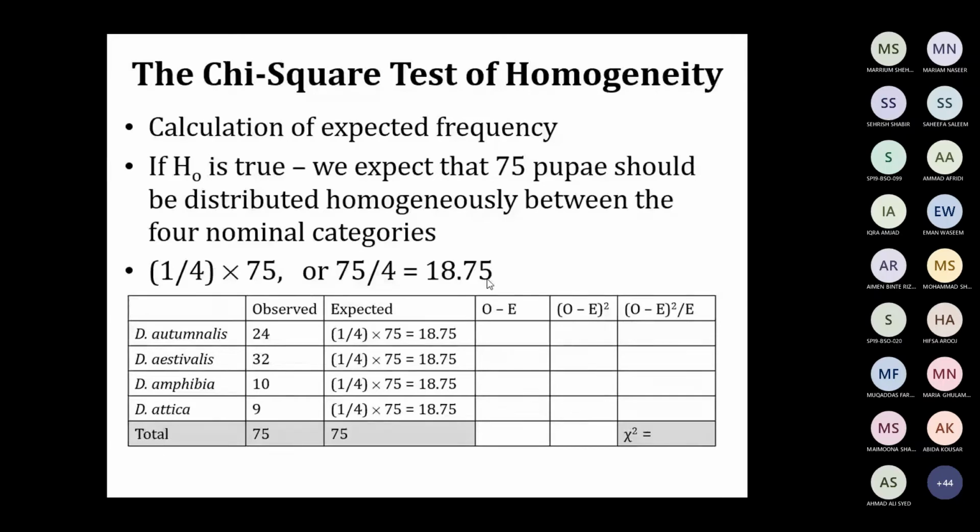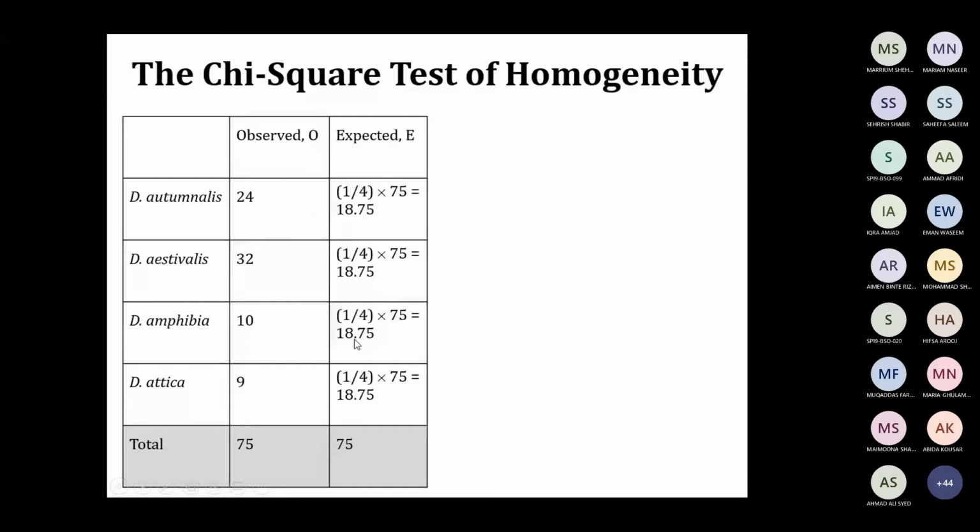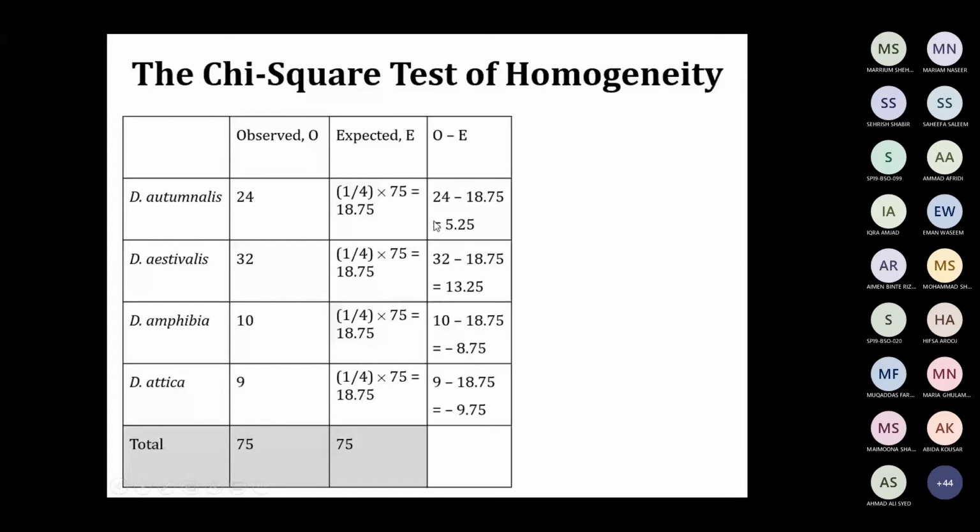For that, we first have to calculate the difference between observed and expected frequency for each of these classes. So for the first class, Dixella autumnalis, this is going to be 24, the observed frequency, minus 18.75, the expected frequency. So this difference is going to be 5.25.